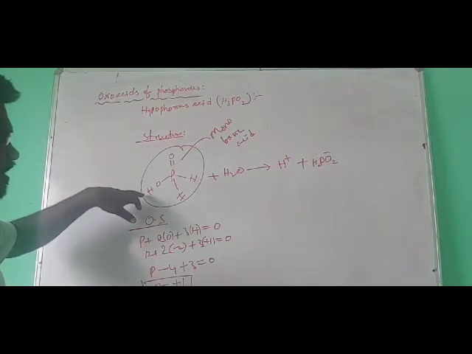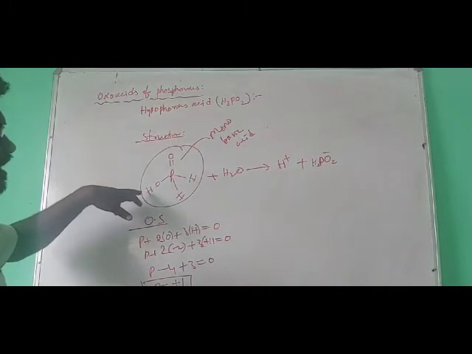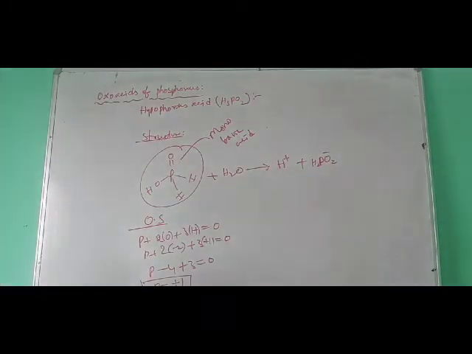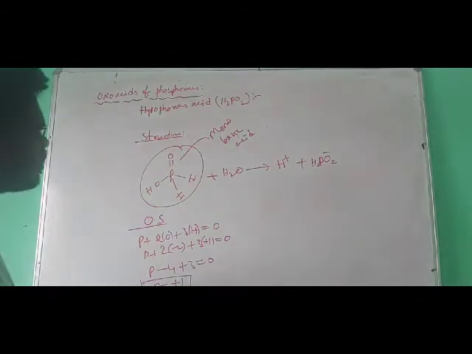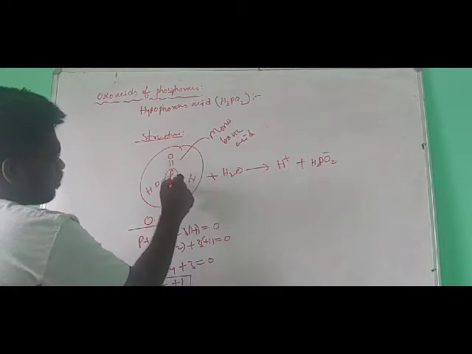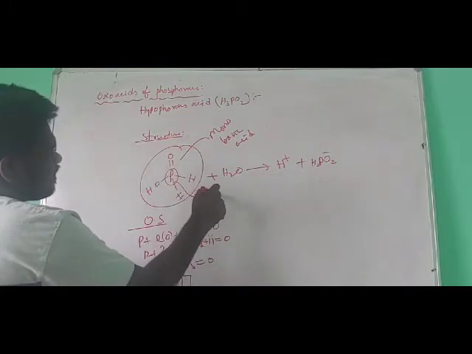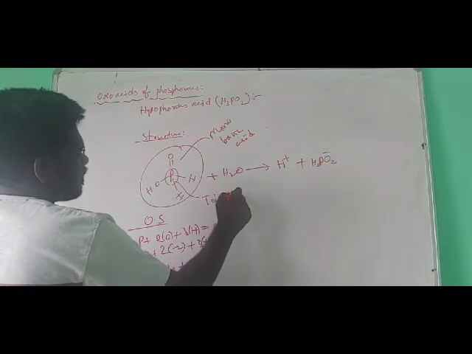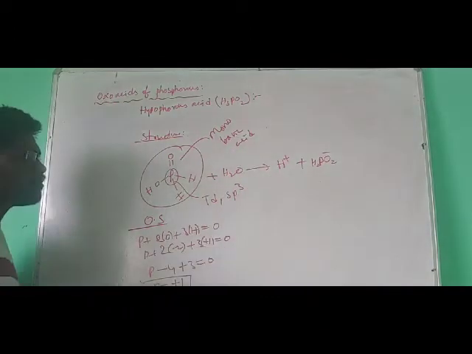This hydrogen is connected with oxygen and is highly acidic, and it dissociates as H plus ion. Right. And one more thing guys: the geometry of phosphorus in this molecule is tetrahedral, and the hybridization of phosphorus is sp3.